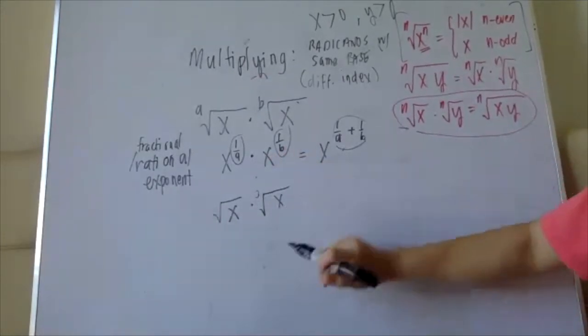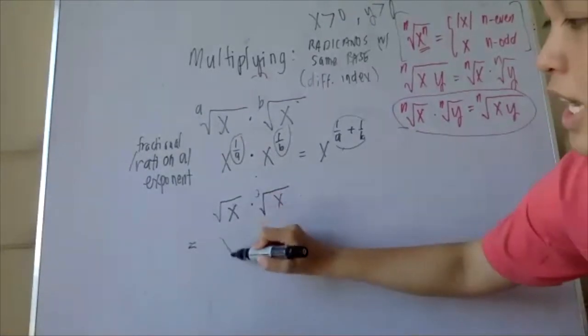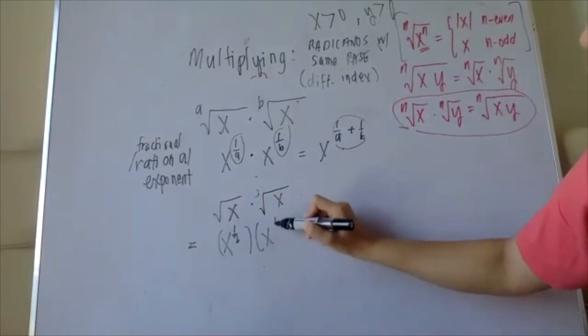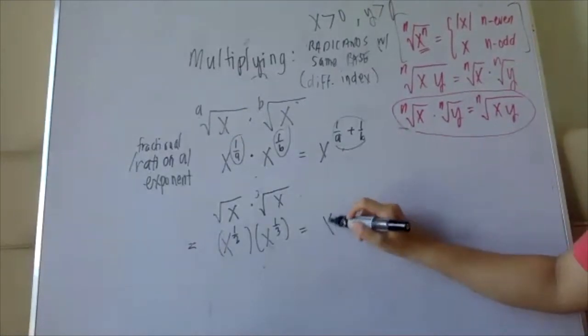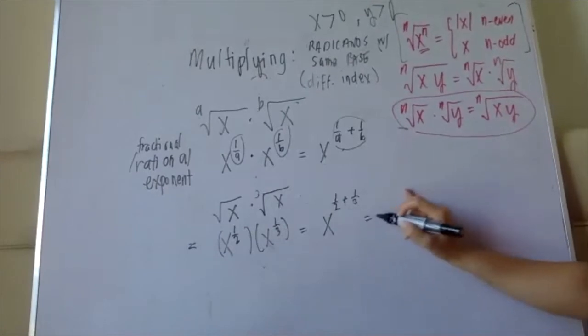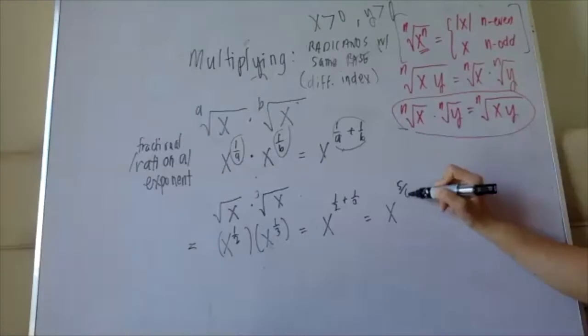Gawin natin siyang fractional exponent. This becomes x raised to 1/2 times x raised to 1/3. Add lang yung exponents. 1/2 plus 1/3. This is equal to x raised to 3 plus 2, 5 over 6.